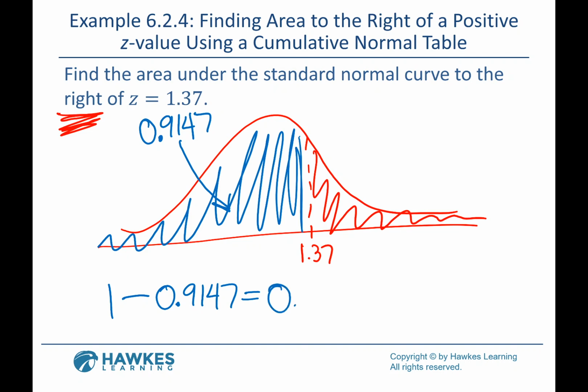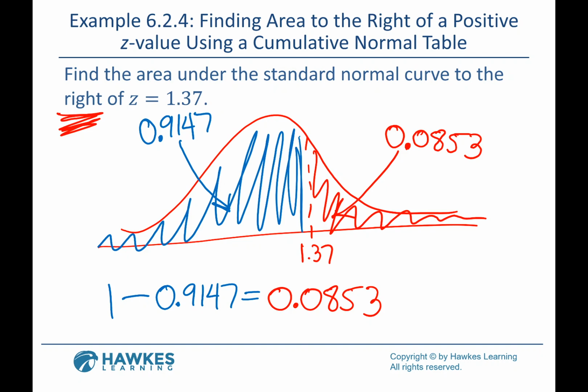That gives us an area, and I'm going to do it in red because this is the red area, 0.0853. That's the one we want. We know the whole thing's 1, so we can do 1 minus this one to figure out our missing piece. So that's option 1.